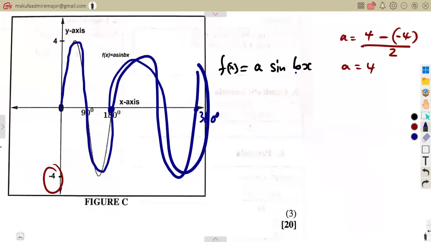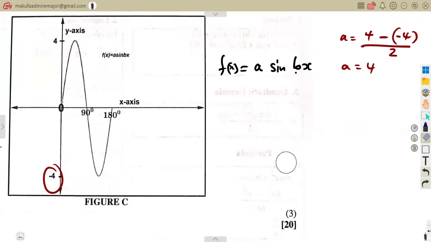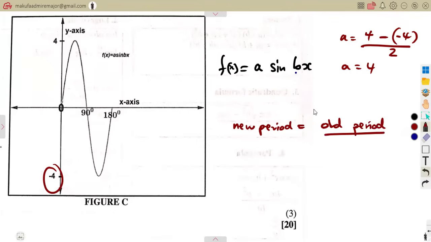Or you can use this concept, the new period that you are given of 180. The new period is equal to the old period divided by this B. So the new period is the one that you are given, 180.